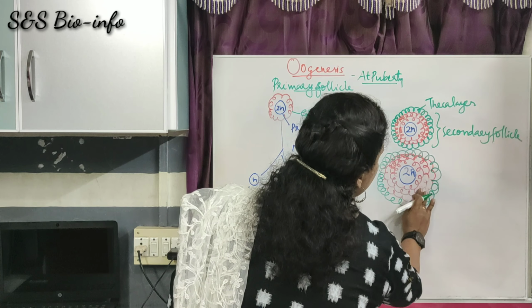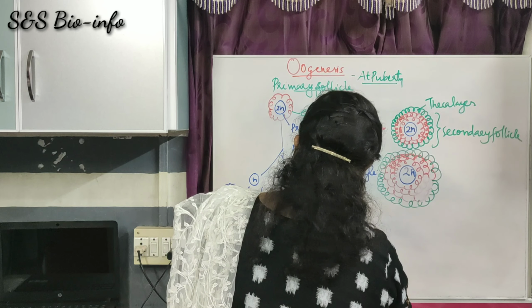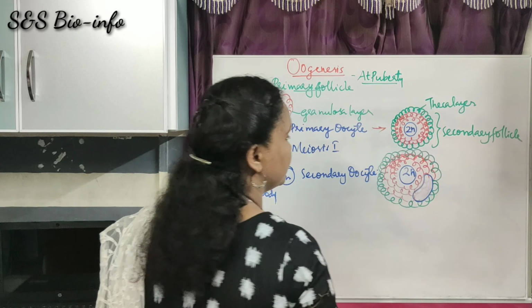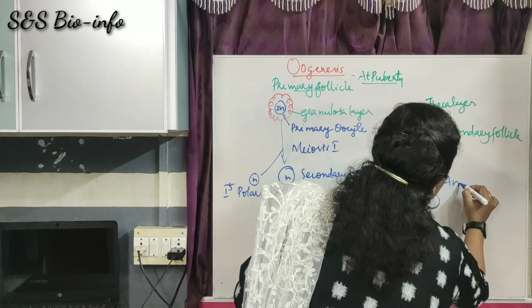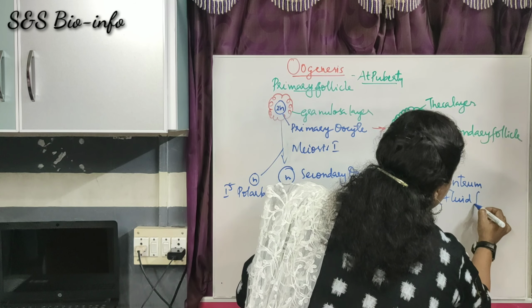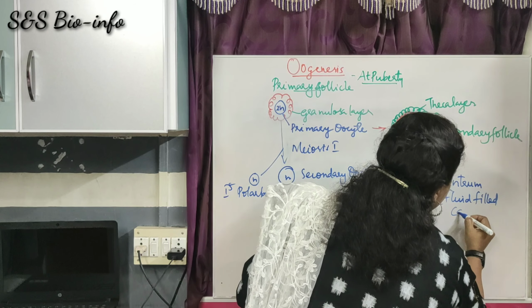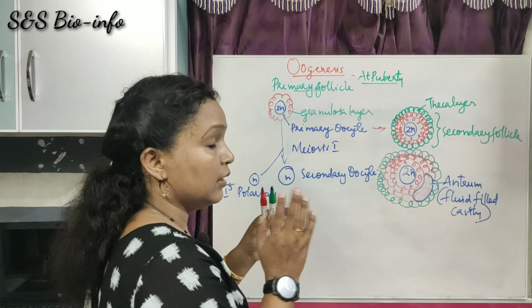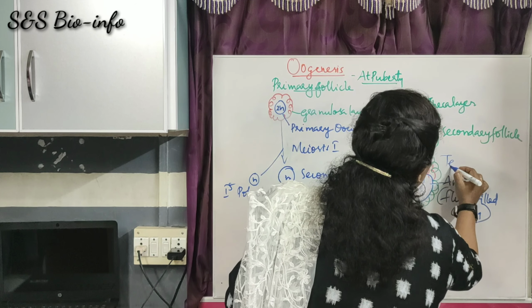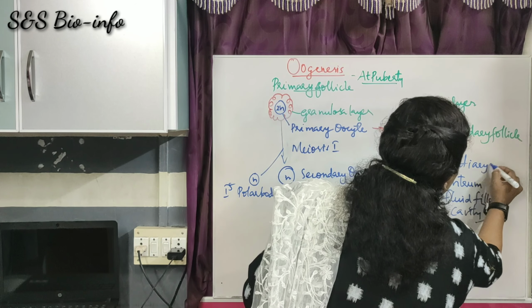Then it forms a fluid filled cavity called what? Antrum. It is a fluid filled cavity. Then the structure is called tertiary follicle.